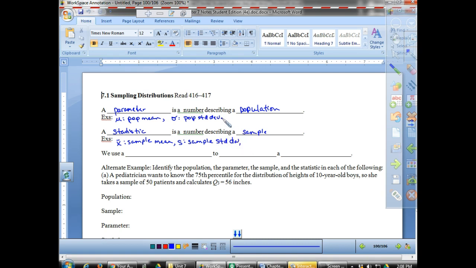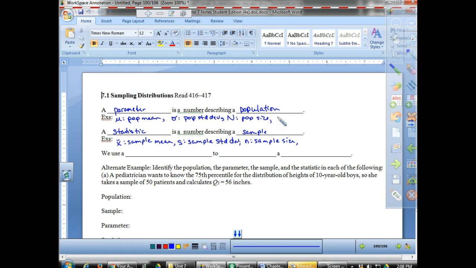We could have capital N, which is our population size. In the German tank problem, we're trying to estimate our capital N, the population size. And for the sample, it's lowercase n, which is the sample size. And then we also have a population parameter called P, which is a proportion.